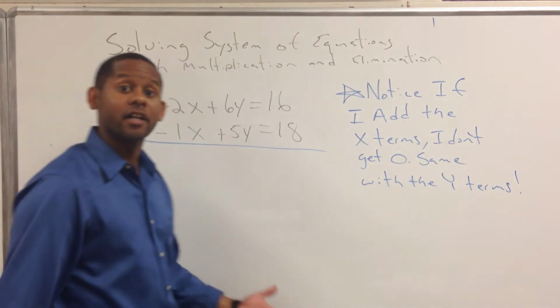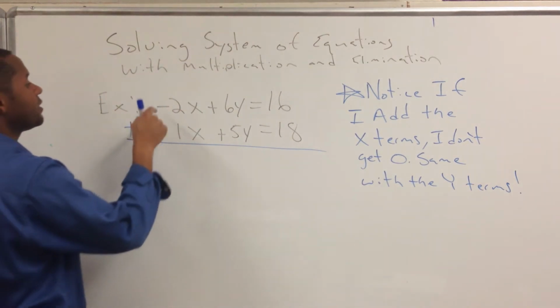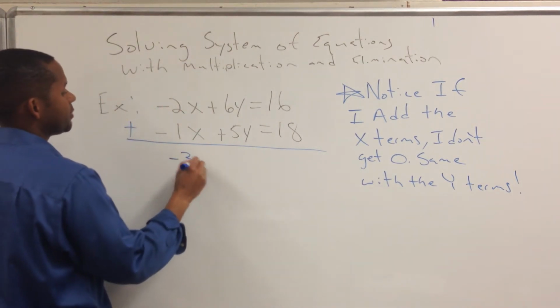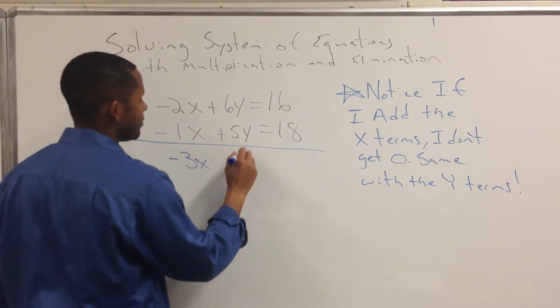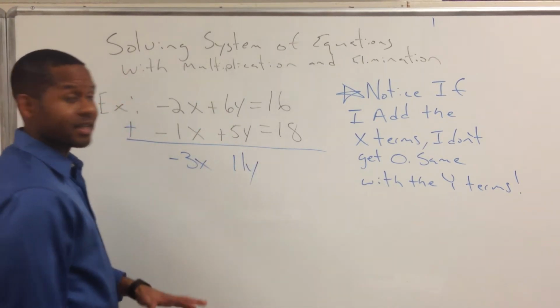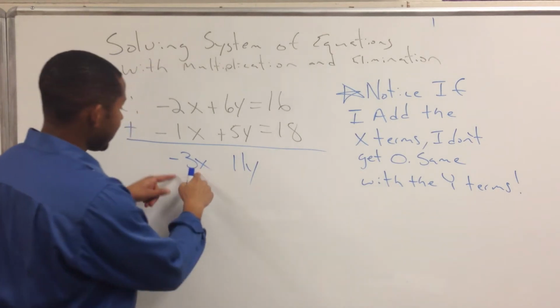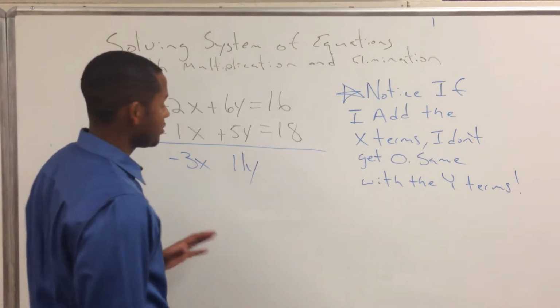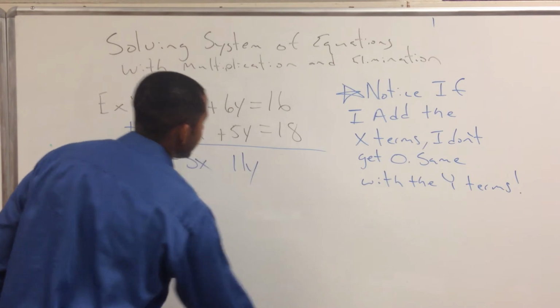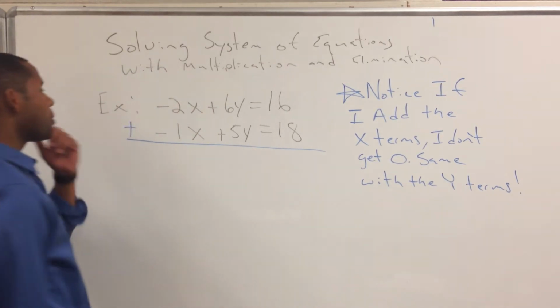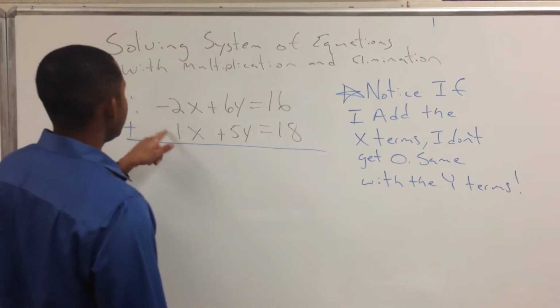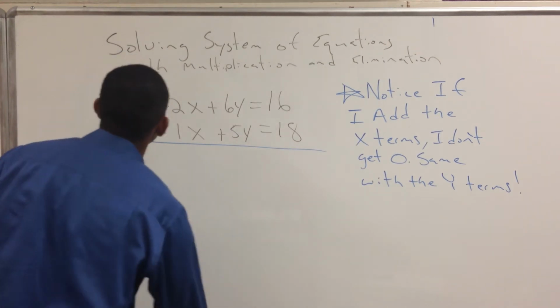Okay? That's not good, right? Because when I add this, negative 2 and negative 1 gives me negative 3x. That doesn't help me. 6 and 5 gives me 11y. That doesn't help me. My whole goal is to make one of these cancel out, so I have no x's or no y's. So, I have to go back and see, okay, let me look at my x terms, okay?